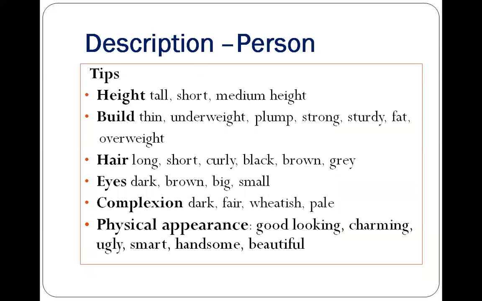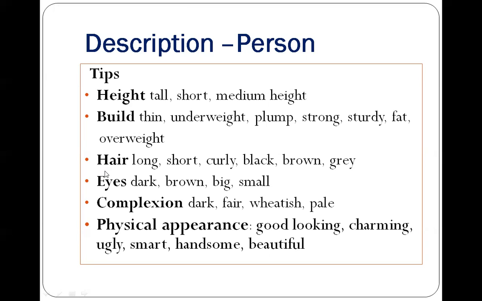When we are describing a person, a few things are to be considered. If you are describing, you may add the height of the person. You can say that a particular man is tall in height, you can say short, medium height. Such kinds of expressions can be used. You can write about the build, like the person is thin, underweight, plump, strong, sturdy, fat, or overweight.